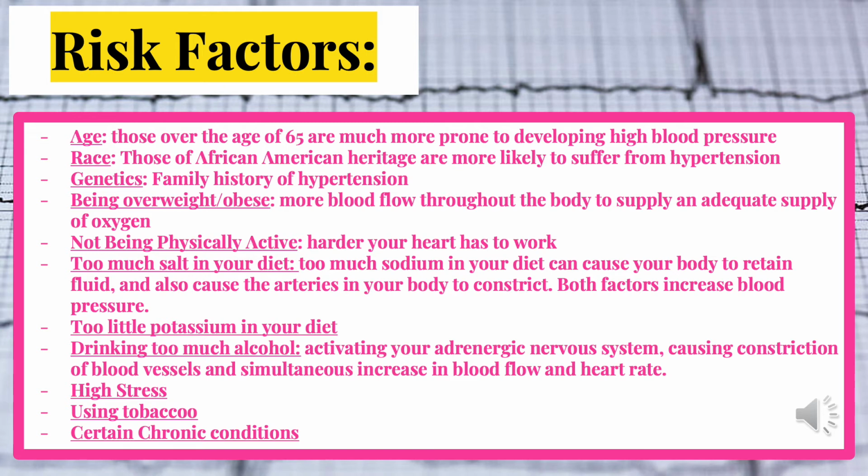Too little potassium in your diet, drinking too much alcohol, activating your adrenergic nervous system, causing constriction of blood flow and a simultaneous increase in blood flow and heart rate. High stress, using tobacco, and certain chronic conditions.